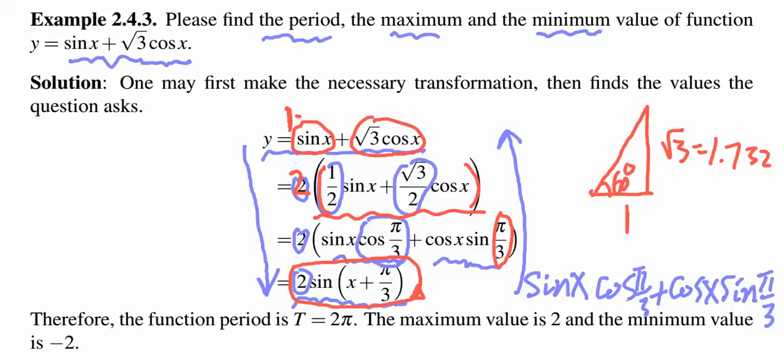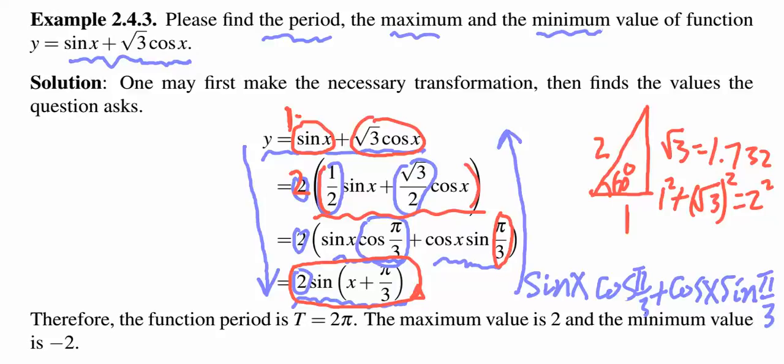Whatever the coefficients are, we construct two legs with the corresponding lengths. And then we know the hypotenuse will be 2 because 1 squared plus radical 3 squared is 2 squared.